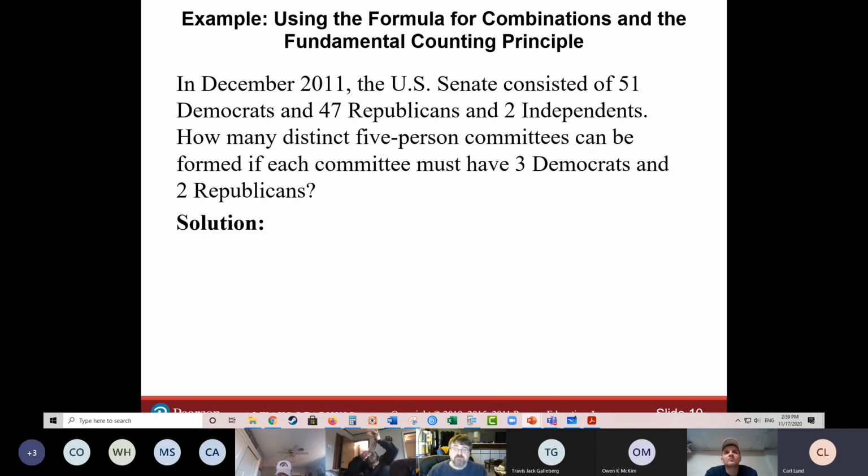How many distinct 5-person committees could be formed if each committee must have on it 3 Democrats and 2 Republicans?